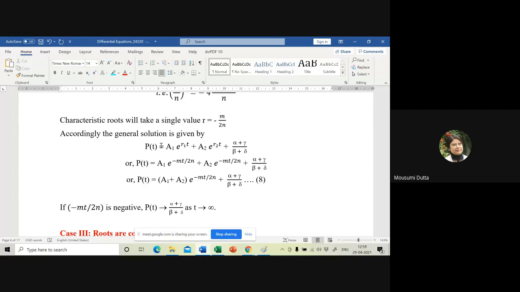Okay, so please take note of the fact that as long as the roots are real, we will have monotonic time path of PT.